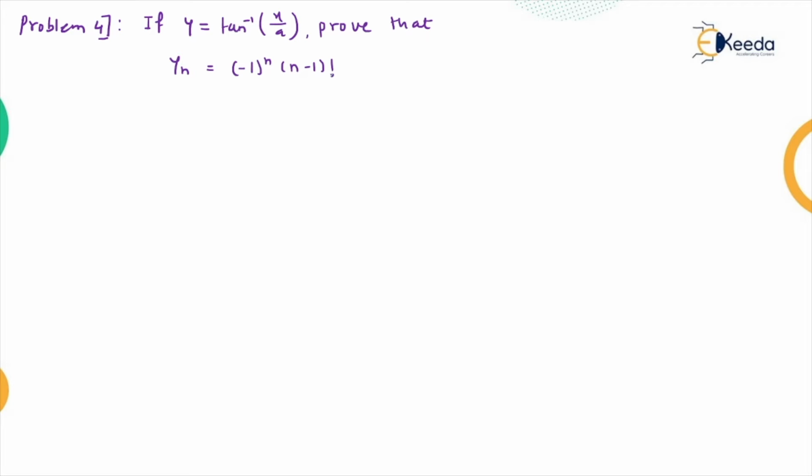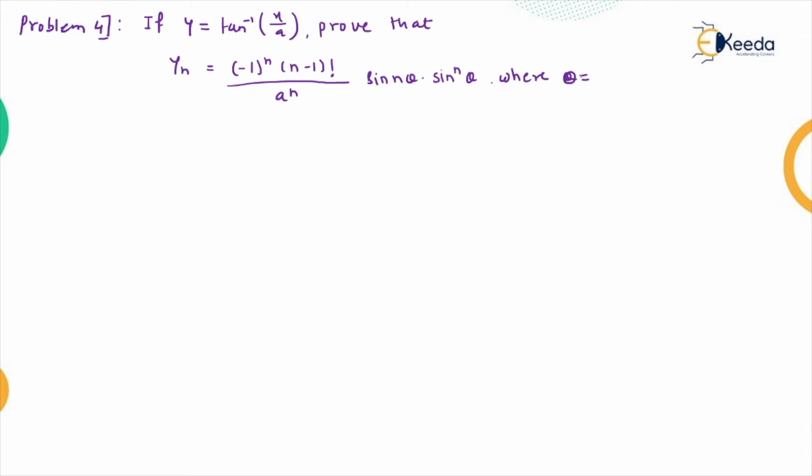So I am taking problem number 4 as: if y is equal to tan inverse of x divided by a, prove that yn is equal to minus 1 raised to n into n minus 1 factorial divided by a raised to n, into sine n theta into sine raised to n theta, where theta is given to you.